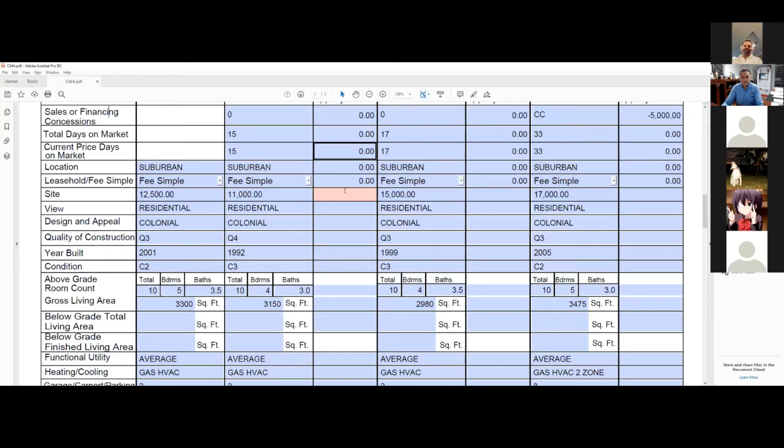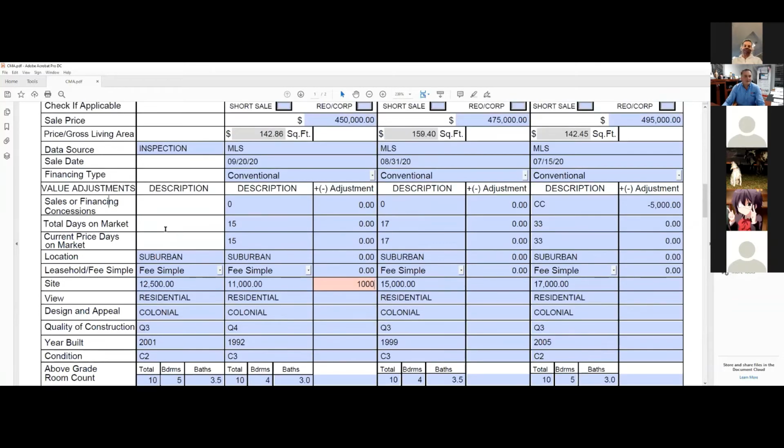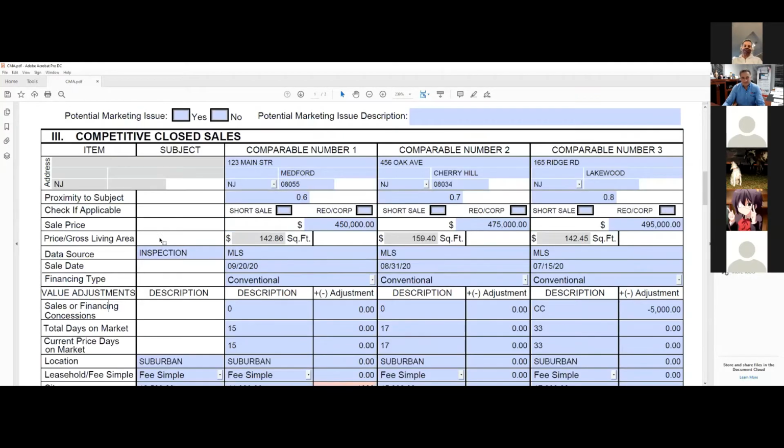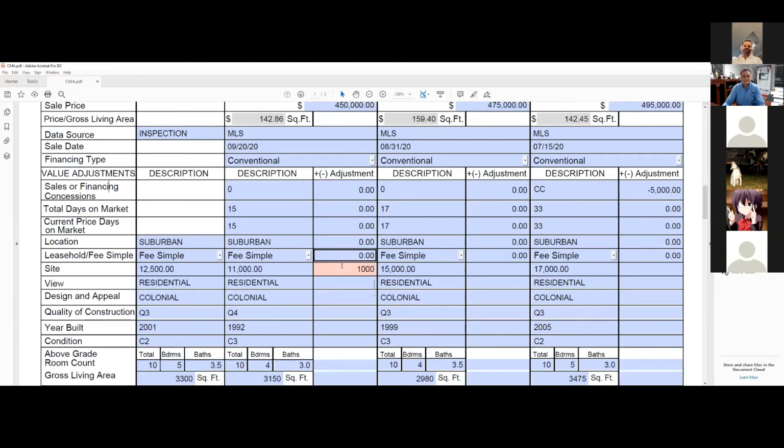Most appraisers will not give credit for one property having a bigger lot than the others, but I do. For example, ours is 12,500 square feet and this property has 11,000. So I'm going to give my subject property, which is invisible here, a $1,000 credit for having bigger land.